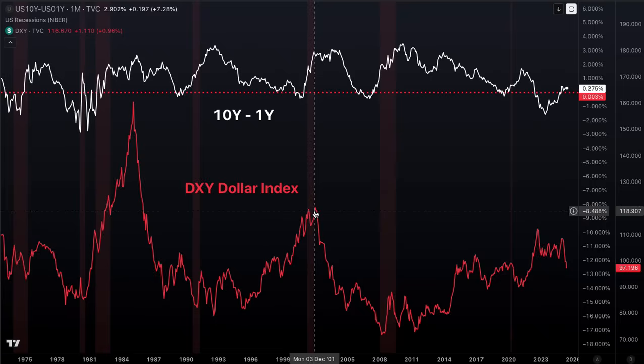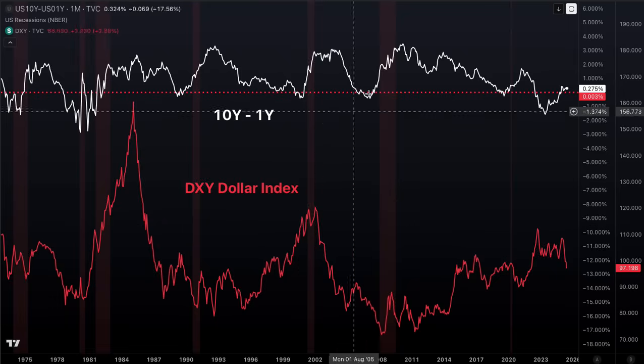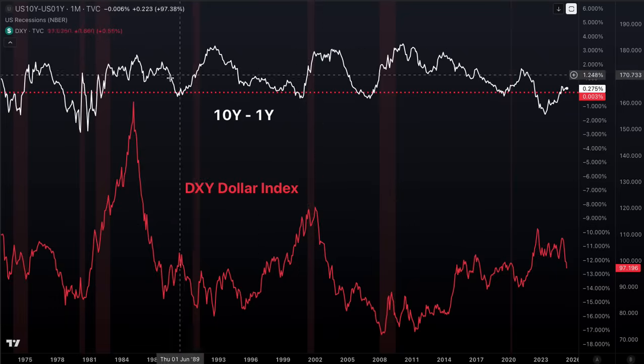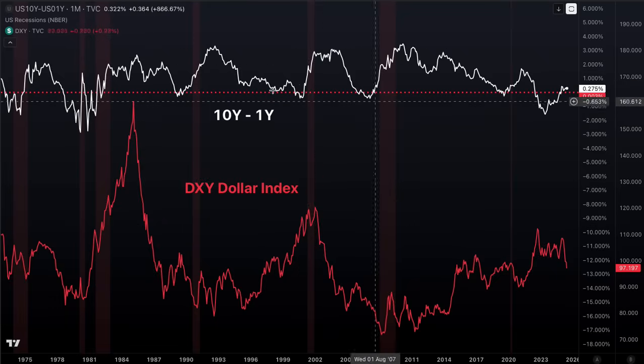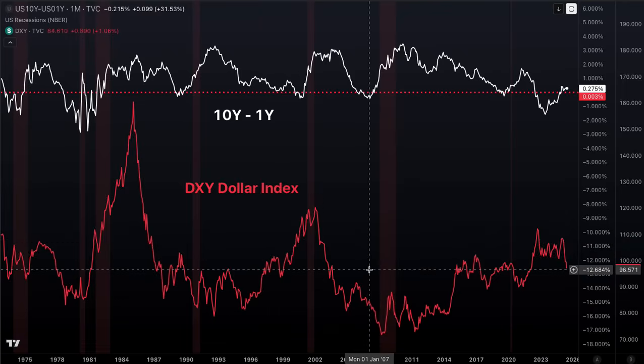Generally, during a recession, their currency will weaken. And I actually think that during the next recession for us, the dollar will weaken. And that's maybe a whole different video. But the point here is I can't find a correlation between just this simple spread and anything for the currency, really at all.